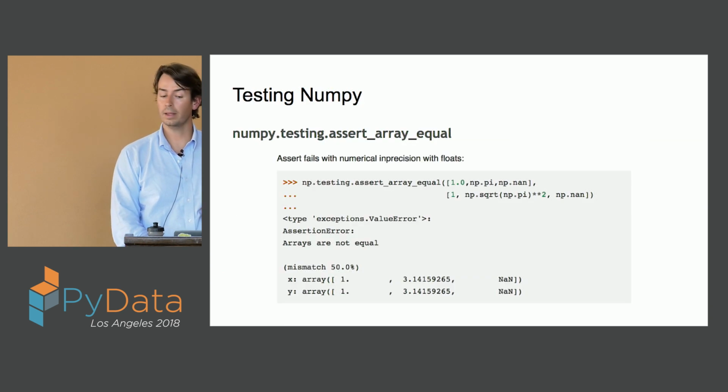Also, I don't have a lot of time, but NumPy also has an assert array equal testing method you can use. This is stuff that you just got to know about. It's going to make your testing a lot easier.